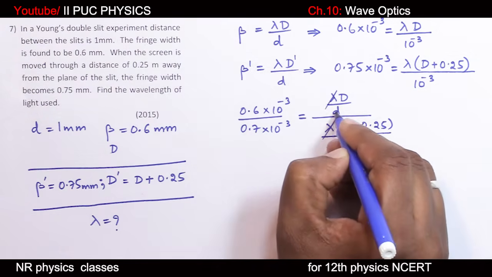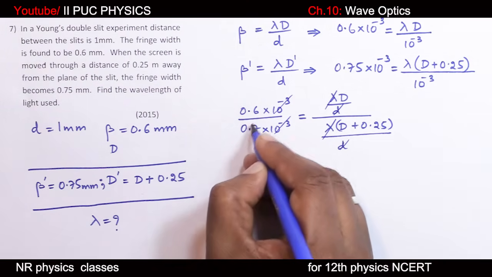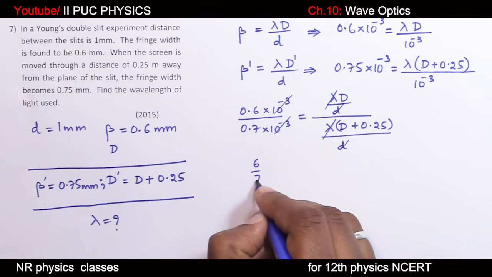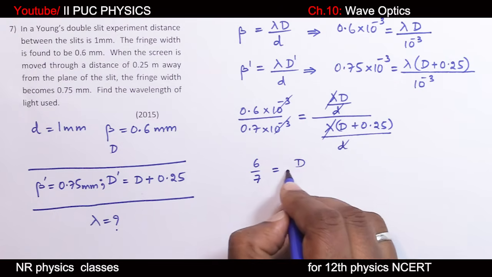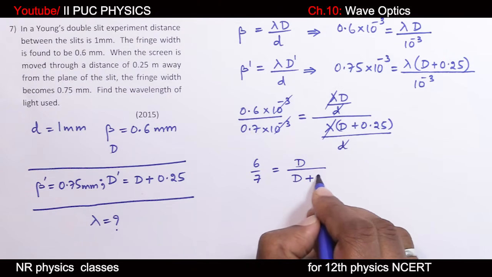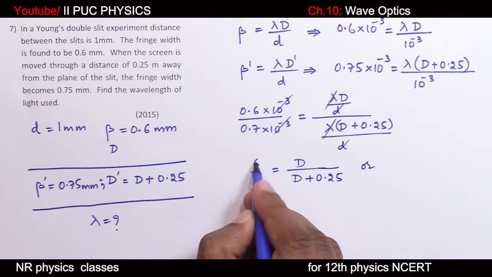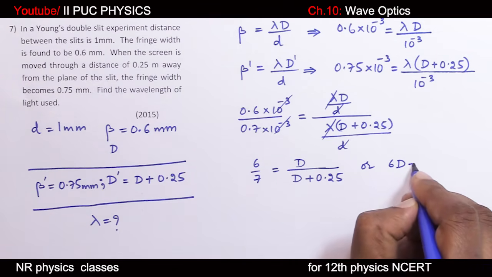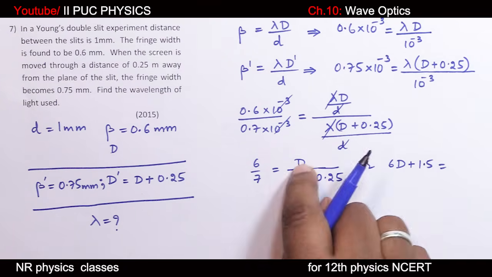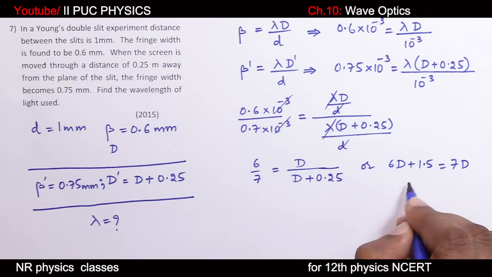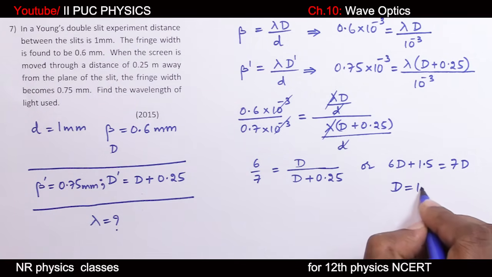Lambda by d gets cancelled. The 10^-3 gets cancelled. 0.6 by 0.75 is 6 by 7.5, capital D by D plus 0.25. Cross multiplying, 6D plus 6 into 0.25 is 1.5, equals 7D, or 6D to the other side, D equals 1.5 meter.